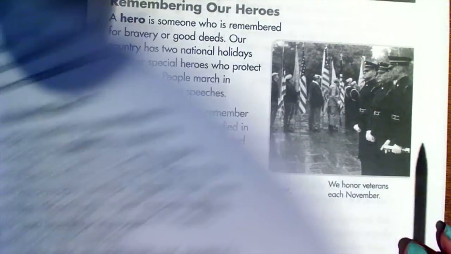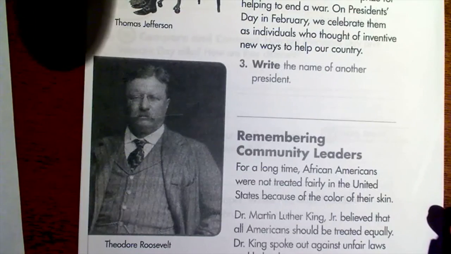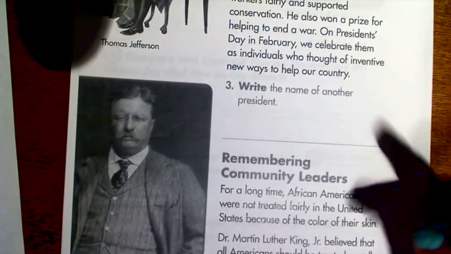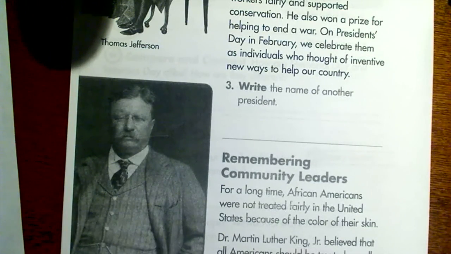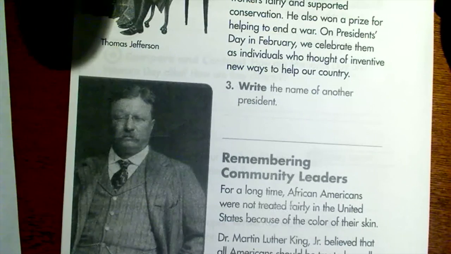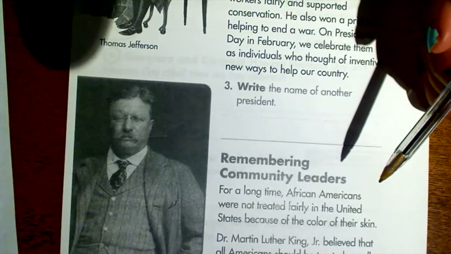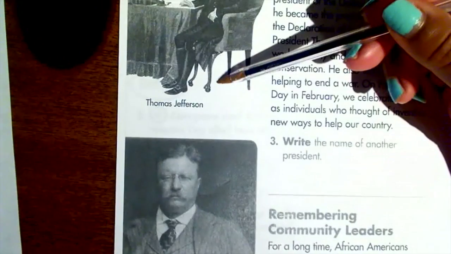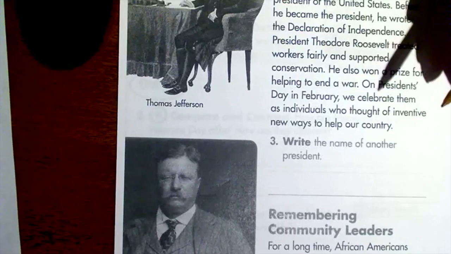Task number 7, answer question 3 on page 156. So we're going to go to page 156. We're going to look at number 3. Number 3 says, write the name of another president. So when reading this chapter, you should know that they pointed out 2 presidents to us that just pop out to the sides. We have Thomas Jefferson and Theodore Roosevelt.